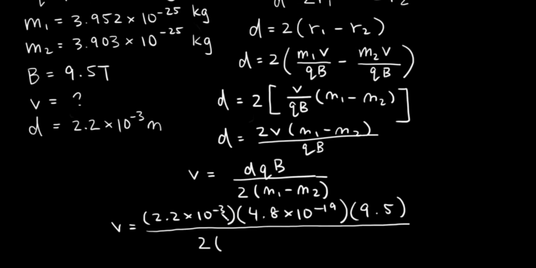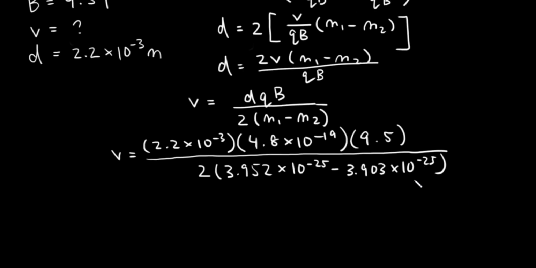M1, that's 3.952 times 10 to the negative 25 minus M2, which is 3.903 times 10 to the power of negative 25. And you just need to plug this all into your calculator. So I'm going to do that.